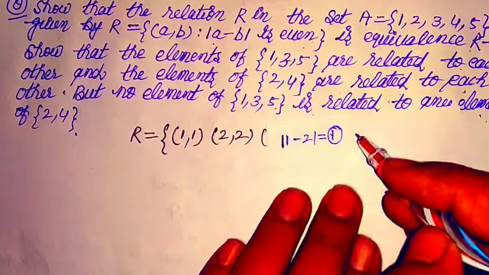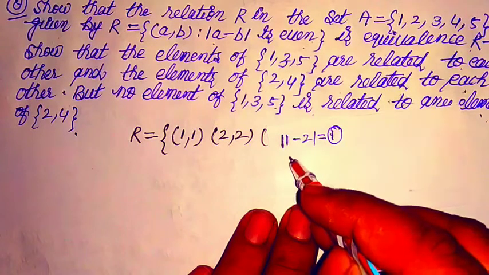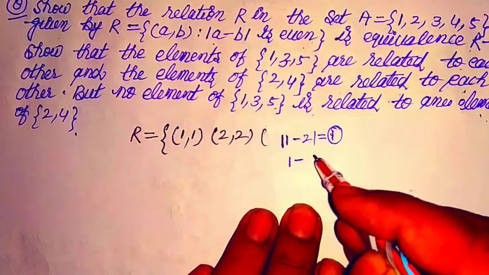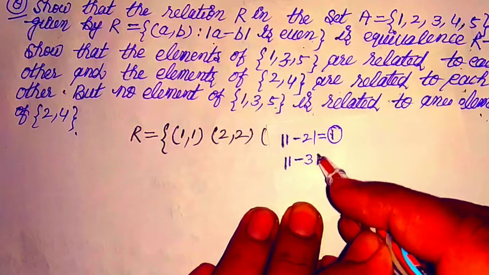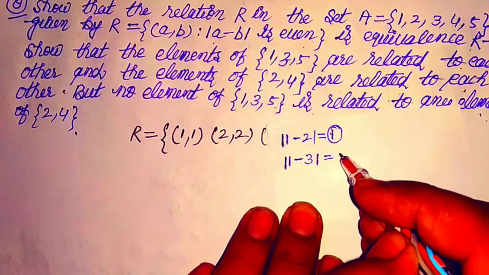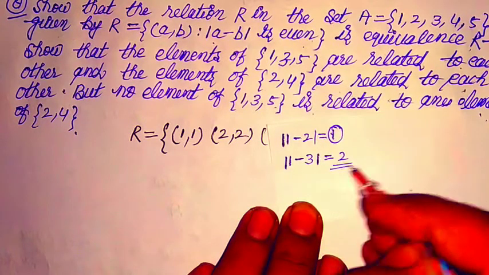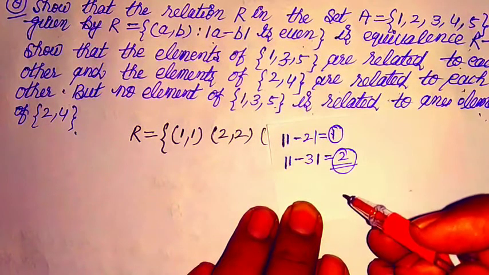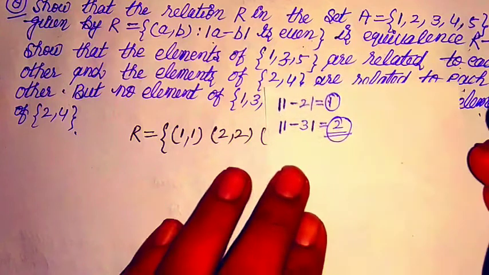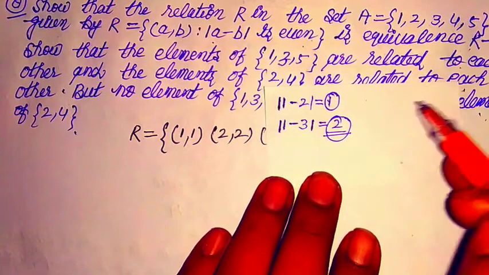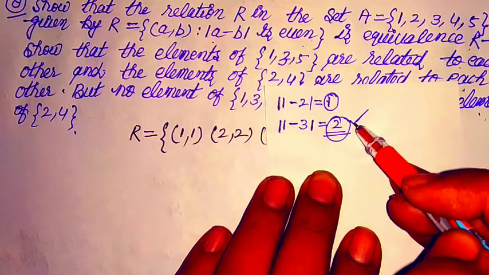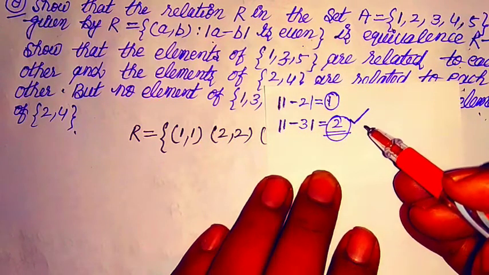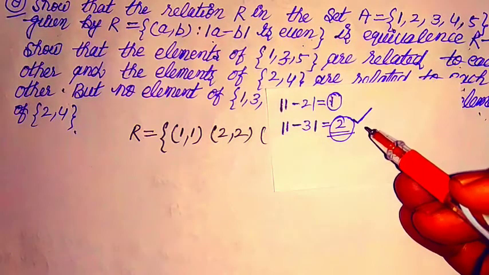Same as we can see here, if we take 1 as a and 3 as b, we will get 2. So 2 is an even number. So we will take pairs in such a way that we get an even number, subtracting and taking the modulus here.